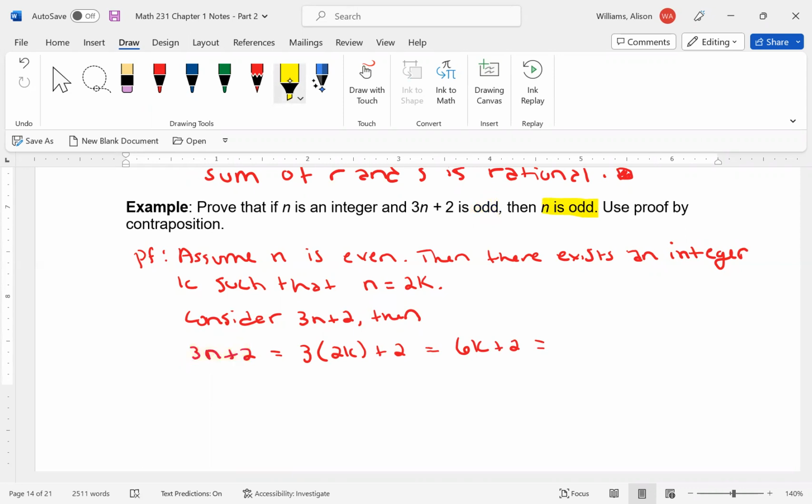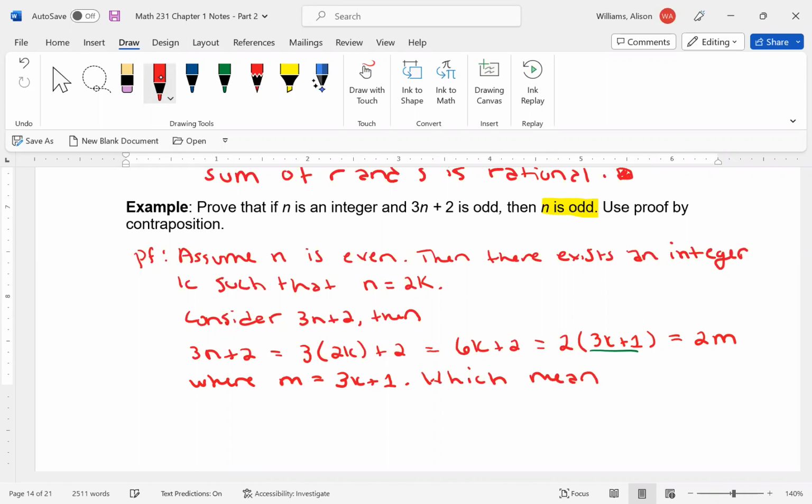So even numbers look like 2 times something. In this case, the something is 3k plus 1, so 2 times 3k plus 1. I'll call that, how about m? 2m, where m equals 3k plus 1, which means 3n plus 2 is even.